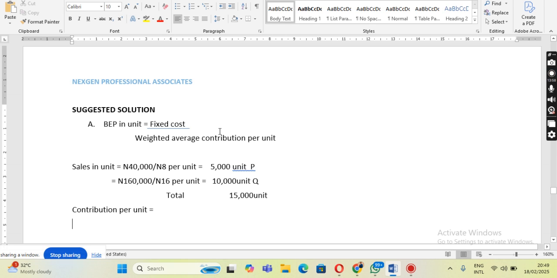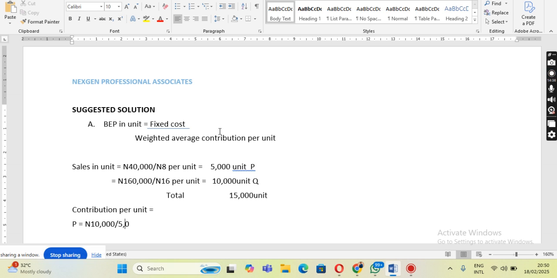So I want to get contribution per unit for P now. What will I use to get that? 10,000 naira divided by 5,000 units, because you have already calculated your units. So it is 10,000 divided by the units, which is 5,000 units.